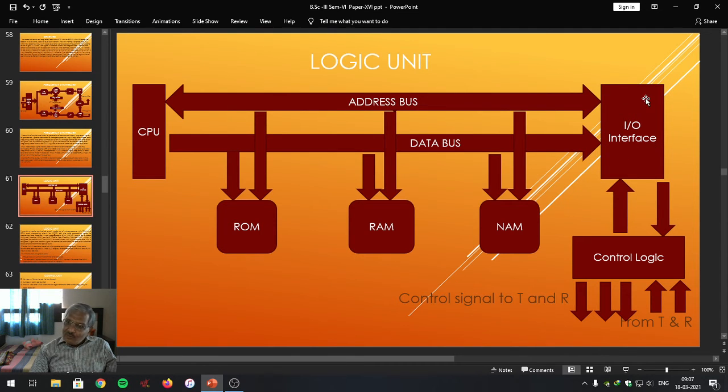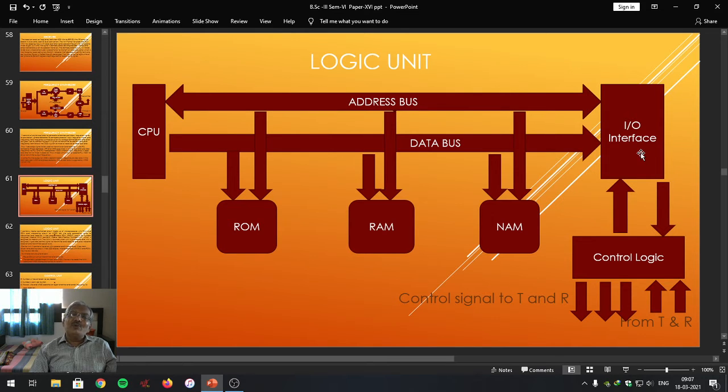So as far as cellular mobile is being considered, what are input output devices? Cell phone keyboard, maybe it is a touchtone keyboard or manual keyboard, mechanical keyboard, display unit, mic, speaker.